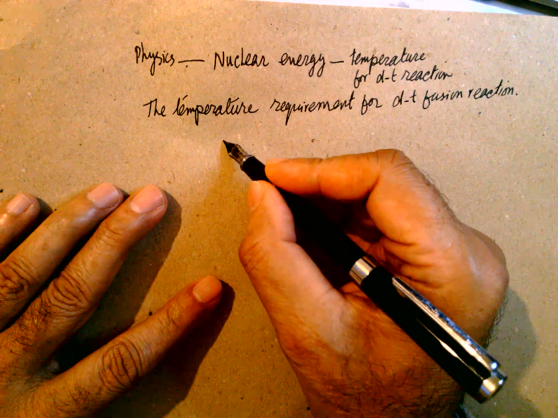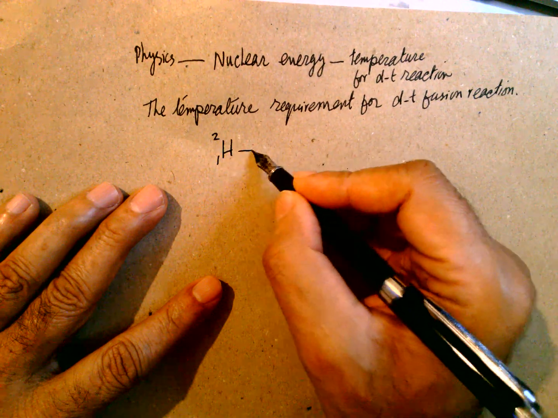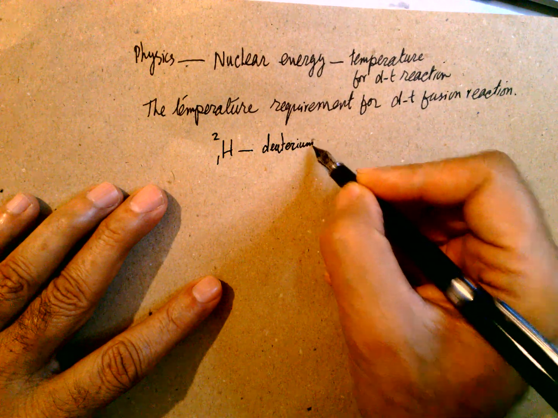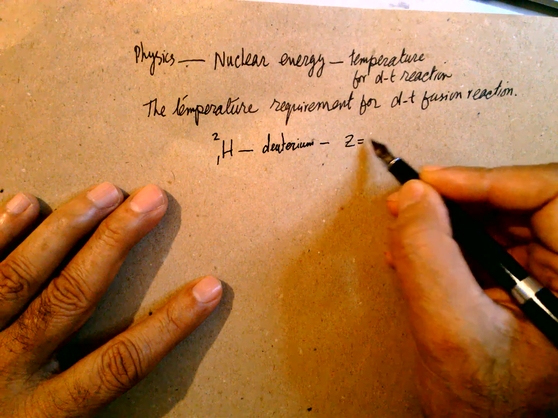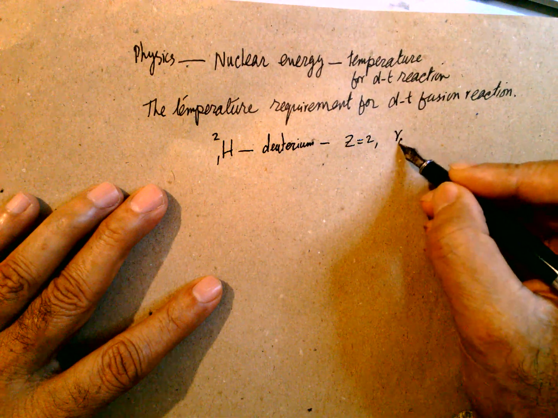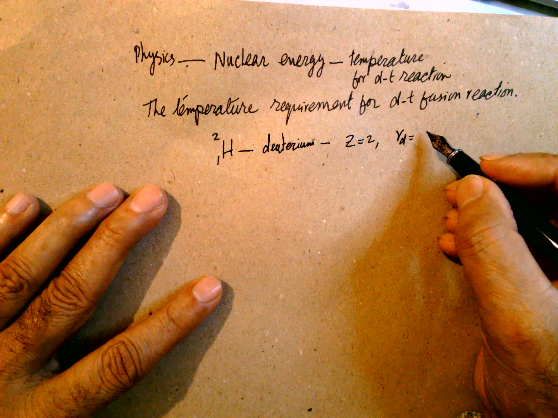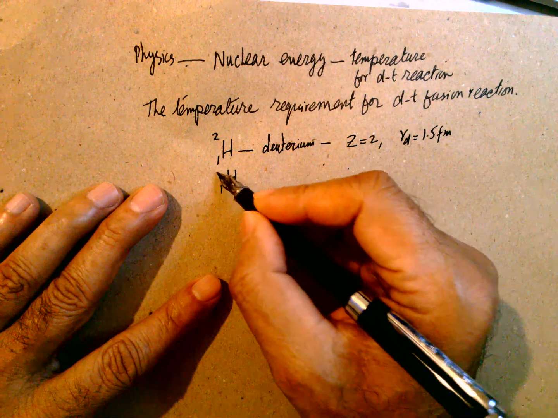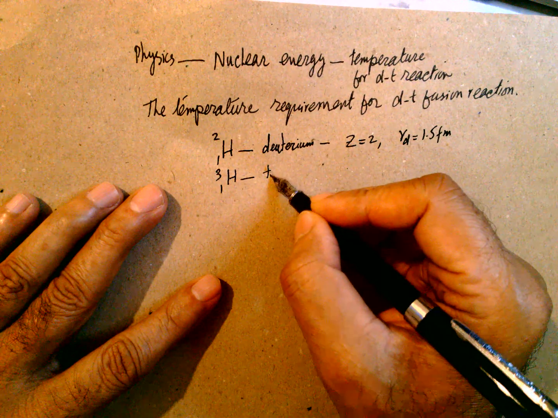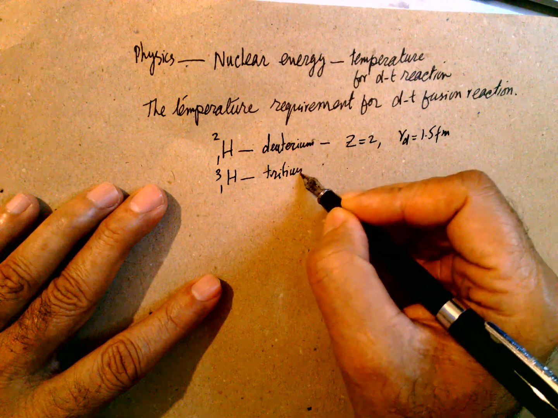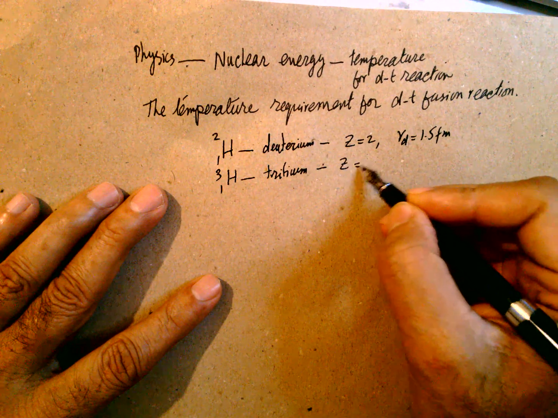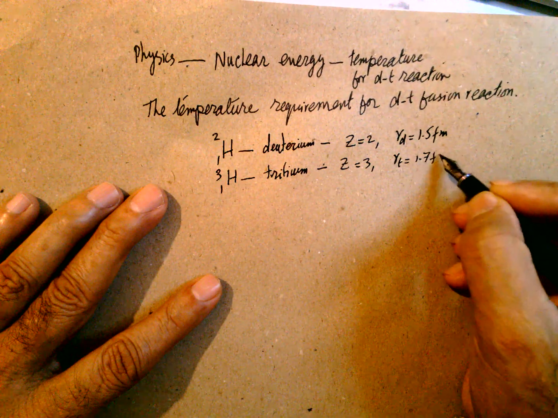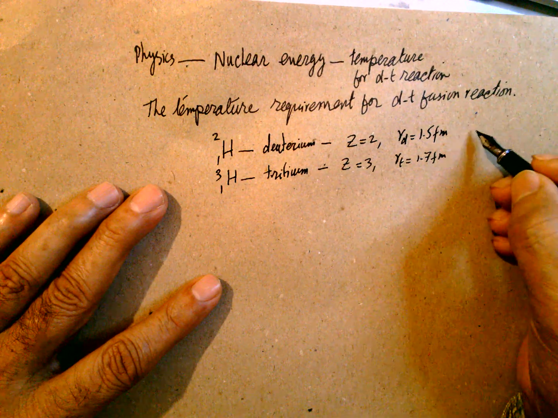So this is H12, deuterium, and Z is equal to 1 and R of D, the radius of this one, is 1.5 Fermi, and 1H3 is tritium, Z is equal to 1 and RT is equal to 1.7 Fermi.